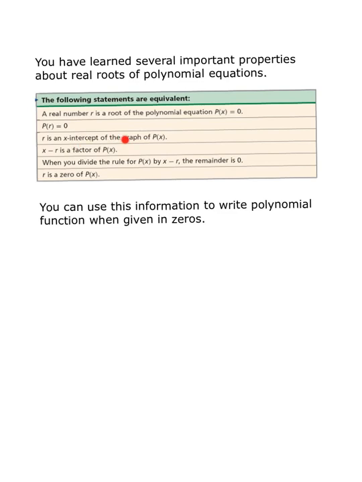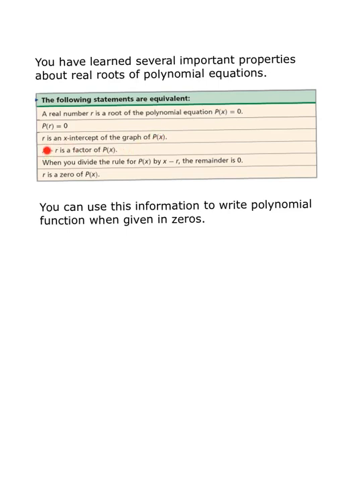Here you can see a real number r is a root of the polynomial equation p of x equal to 0. If that is the case, p of r equals 0, which means if you substitute r into the equation, you get 0. It also means that r is the x-intercept of the graph of p of x.